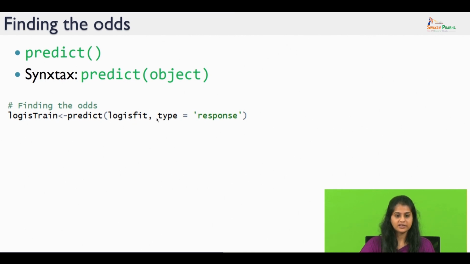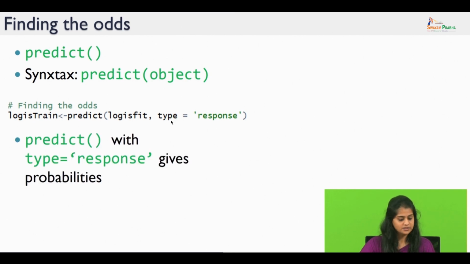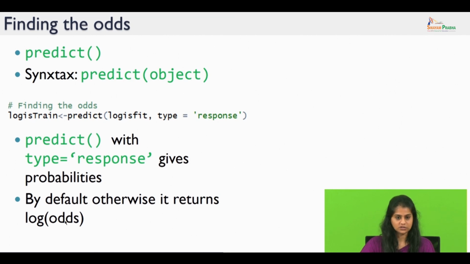Now if I do not give any data, then the function assumes that I want to predict it on the train set, which is crash test underscore 1 in our case. Now type equal to response gives you the output as probabilities, but if you do not mention this, it by default gives you the log odds.